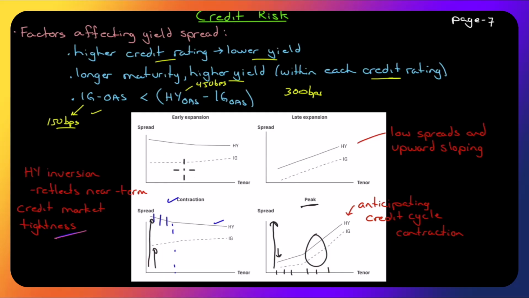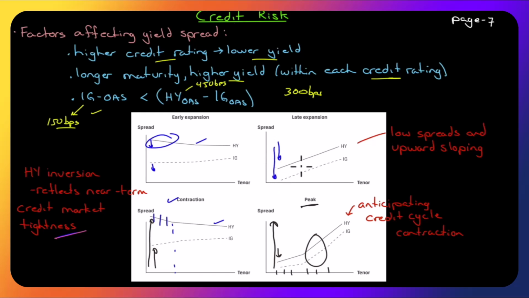Early expansion, things start to get better, so they've dropped. Credit spreads have dropped a little bit along the whole curve. You still have a slight inversion in high yield because there's still some concern whether you can make it through the lean years of an early expansion to continue to survive into the expansion phase. Once you're in the expansion phase, okay, things are great.